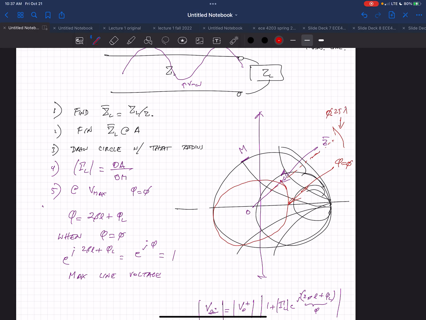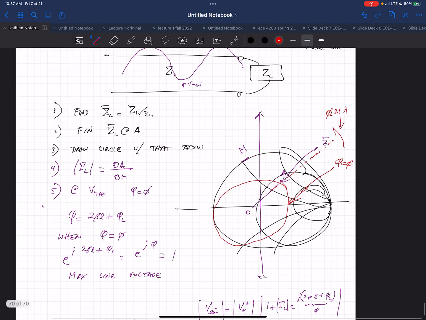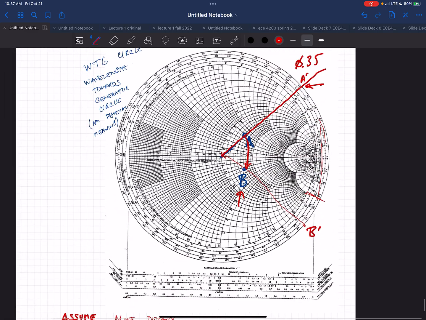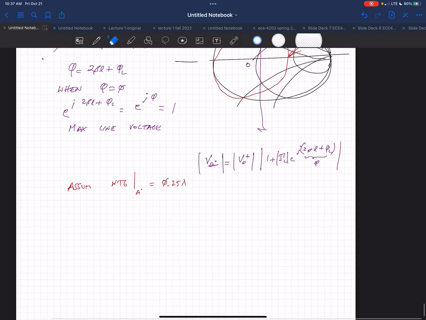Assume the WTG value at A prime is 0.25 lambda. And then let's say this other value is 0.15 lambda. I'm sorry, guys, say 0.15 lambda.